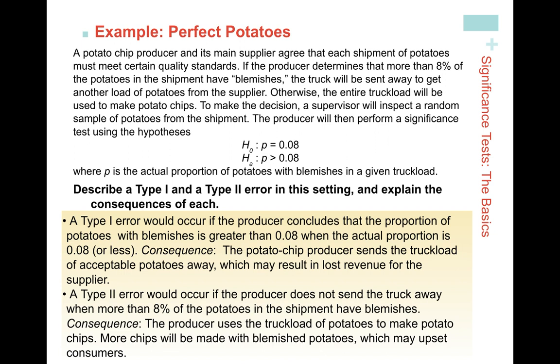That might make consumers very upset because now you're going to be making potato chips where consumers are getting a lot of bad potato chips, right? They're getting the kind of potato chips where you can't eat them because they're all blemished. So that might end up in a loss of reputation, which might have more of a long-term impact on the sales of the company.